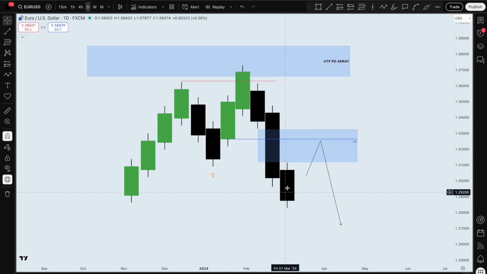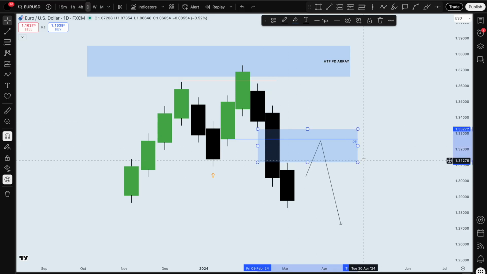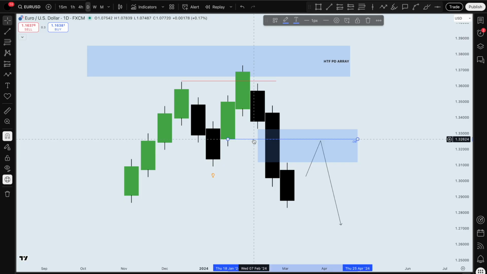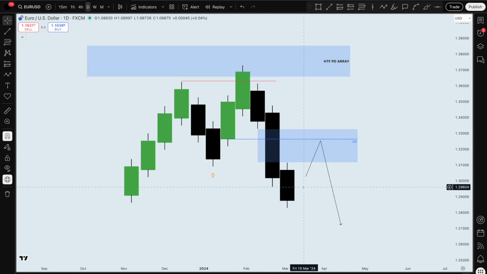And basically when price creates a market structure shift, like right here, you're going to often see an FVG form. So you have a fair value gap and your order block, and you will want to see price now come up into this order block and then go down.